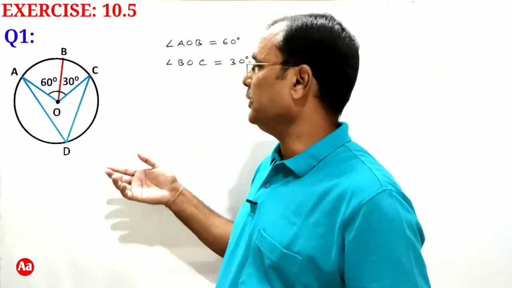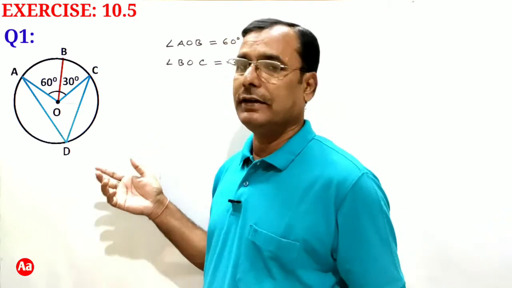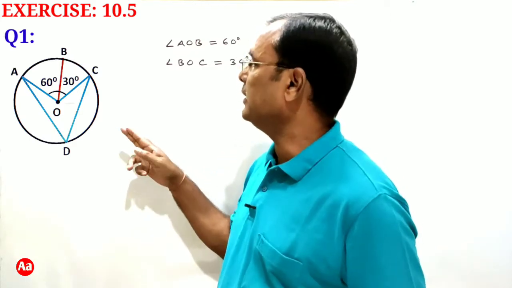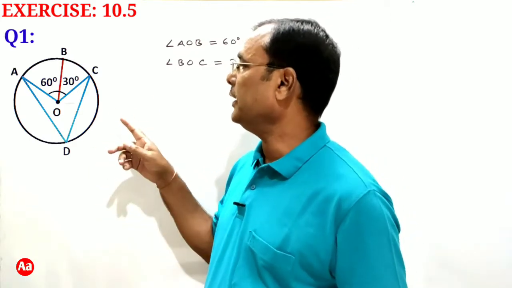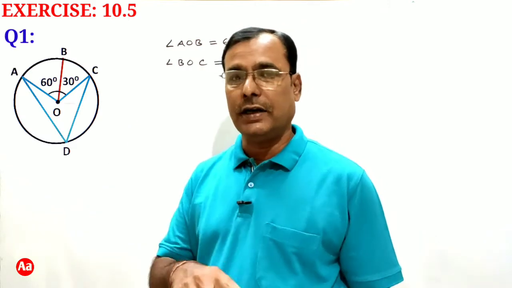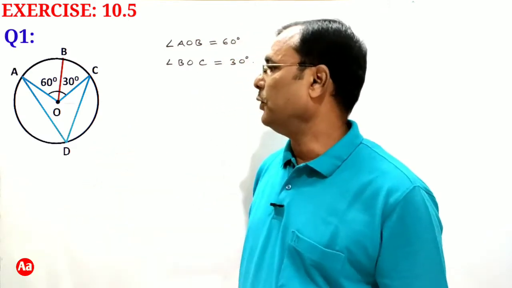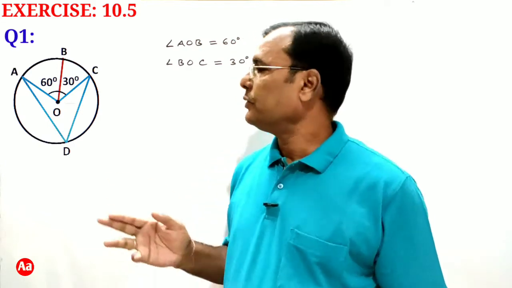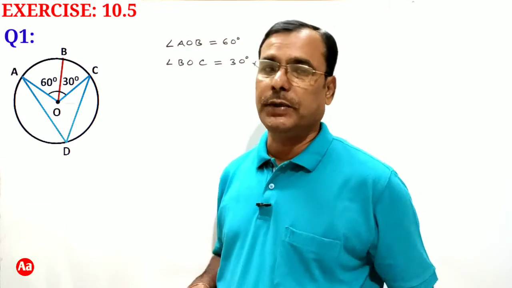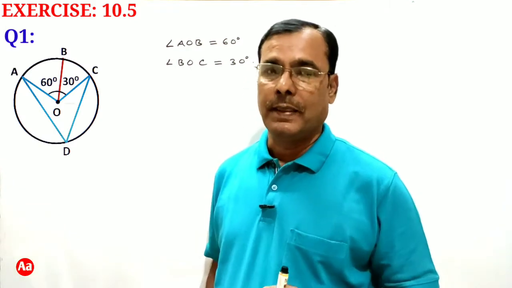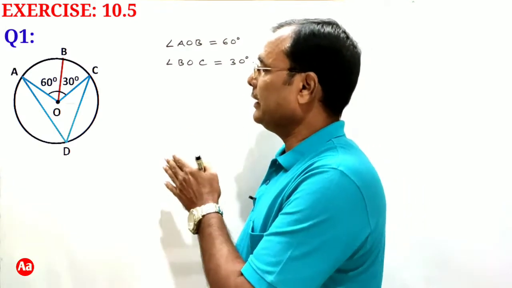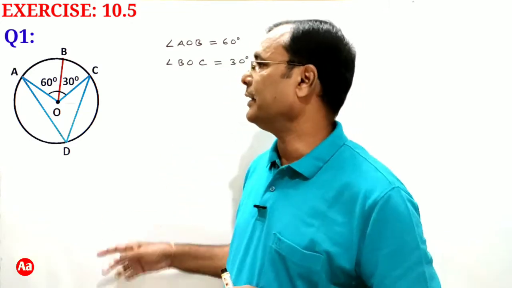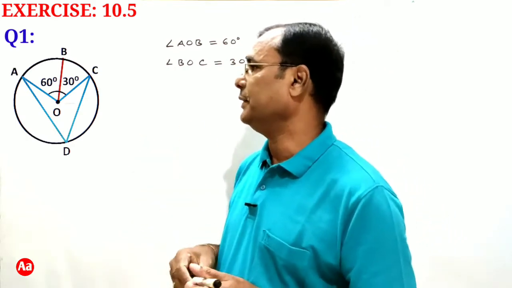So first of all we need to recognize this angle ADC is subtended by which arc of the circle? That arc is arc ABC. End points A and C of arc ABC are joined to point D and angle ADC is subtended. So angle ADC is subtended by arc ABC. Now we will find the angle subtended by the same arc ABC at the center, and that angle is angle AOC.